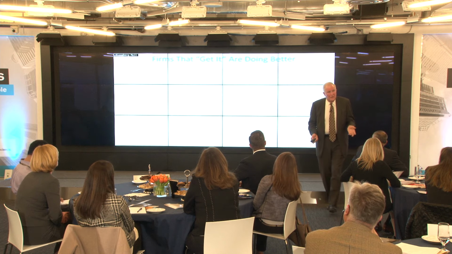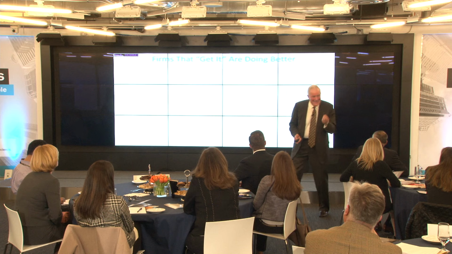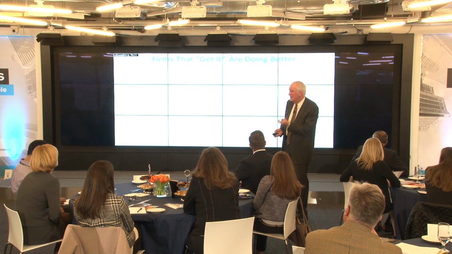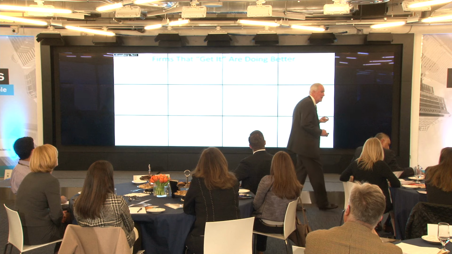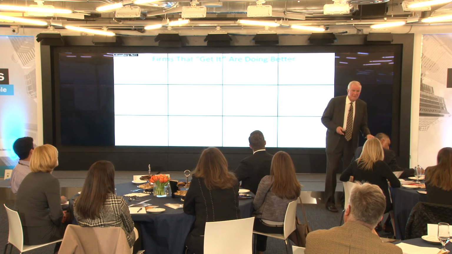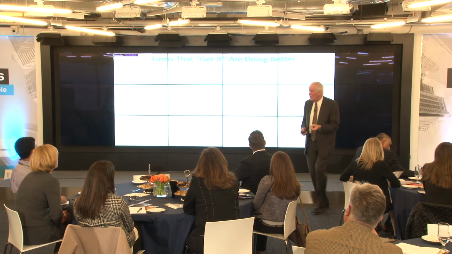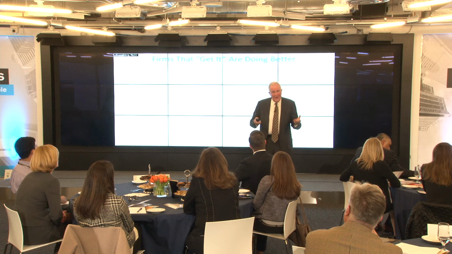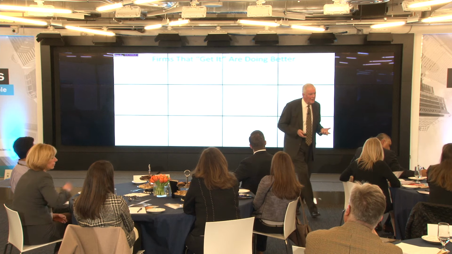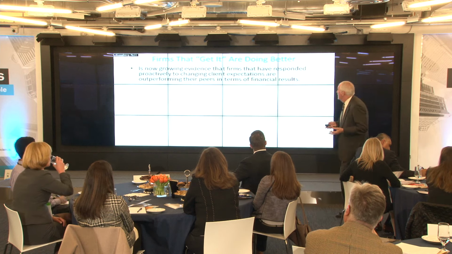Increasingly, we are seeing that firms that get this idea of where they should be investing are doing better financially than firms that don't. Now, this is something that we thought we knew intuitively, but it's only been in the last year or so that we've actually begun to be able to put some numbers around it.